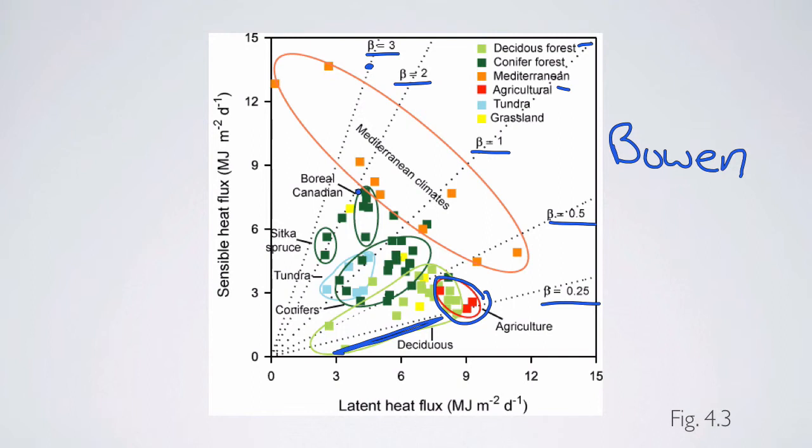In contrast, boreal forests or conifer forests, such as these over here, are ones where you don't have a lot of transpiration and you have a lot of heating of air. And so in this case, these systems will warm the air a lot more than they'll pump water into the atmosphere. And then these Mediterranean climates, for example, you get this wide range where there are some ecosystems that transpire a lot more water than they do heat the air, and you have some with a relatively high Bowen ratio, which is the converse of it.